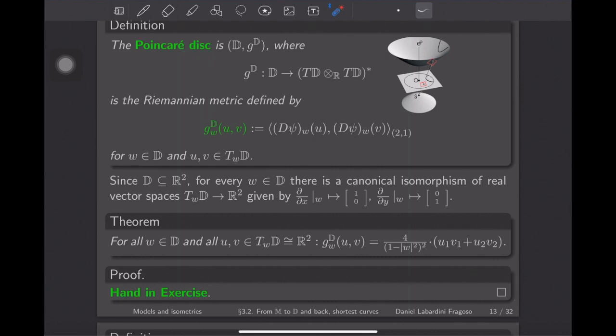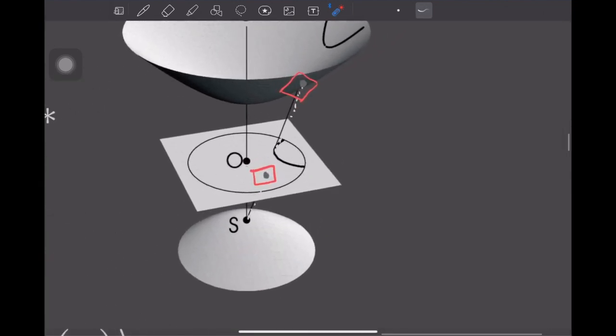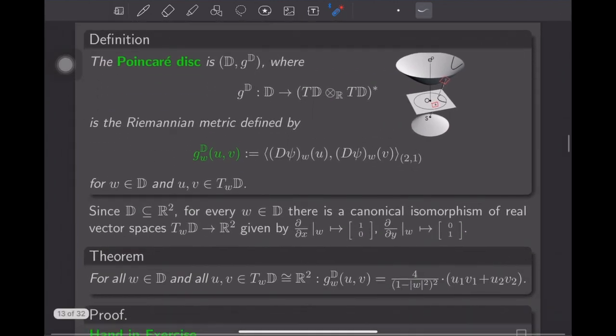So that's what I do. So first I notice that since the disk is contained in R2, for any point I can identify the tangent plane canonically with R2 via just the partial derivatives, right?